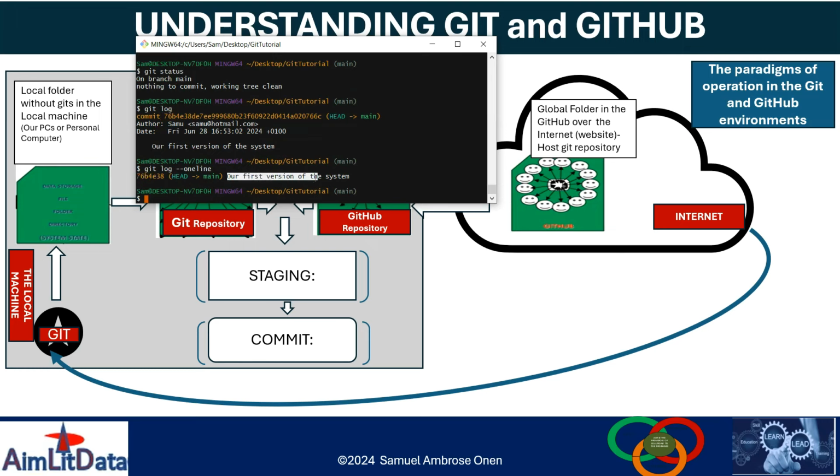So git log --oneline doesn't give you a lot of information. As you can see, we don't have the author details, we don't have the date, but we do have the commit message and the commit ID.